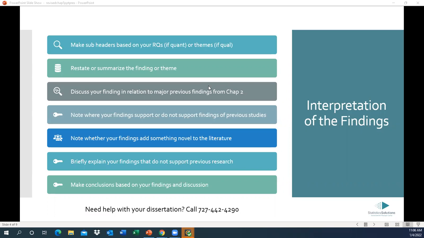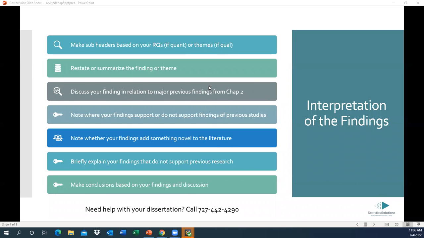So a good way to subsection this section out is to make headers based on your research questions if your study was quantitative, or based on your themes if your study was qualitative.